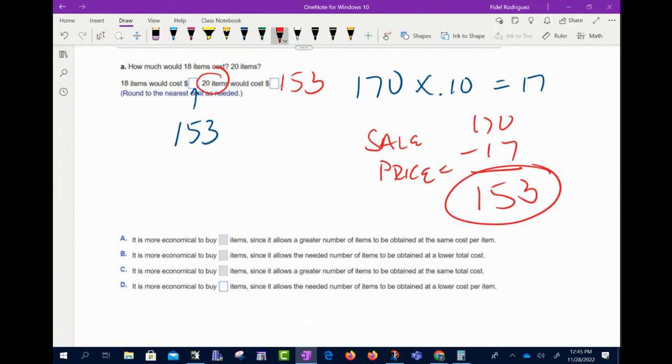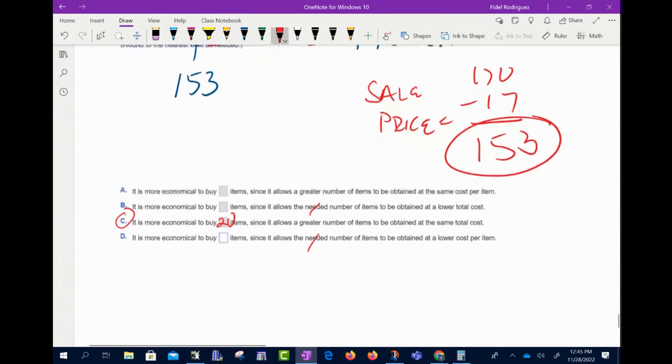But part A says, since it allows a greater number of items to be obtained at the same total cost. So yeah, I'm going to go with C because it's more economical to buy 20 items since it allows a greater number of items to be obtained at the same total cost, right? There we go.